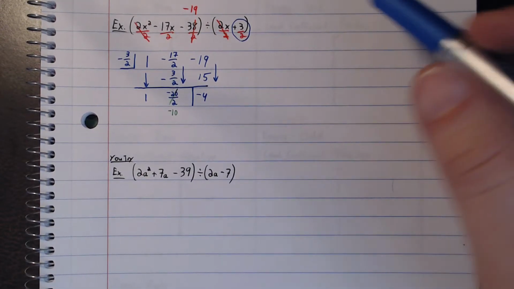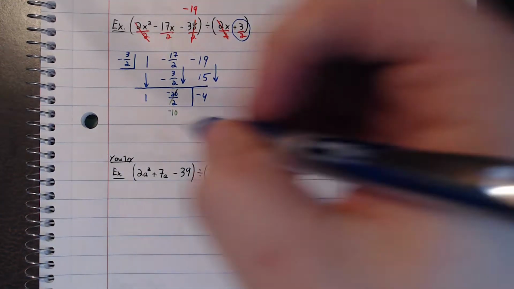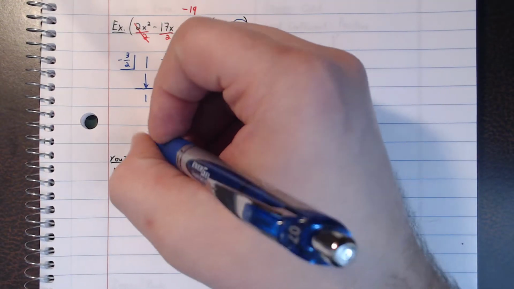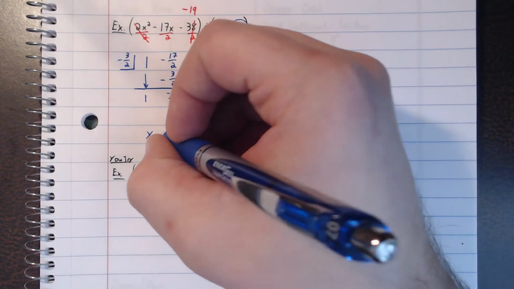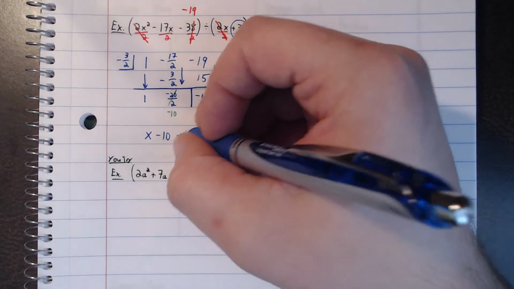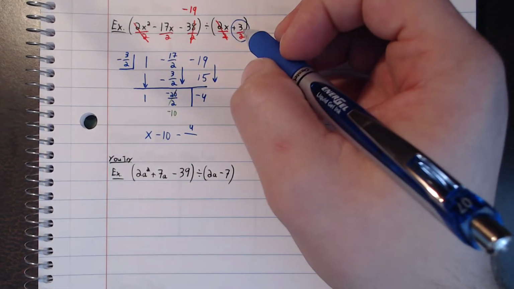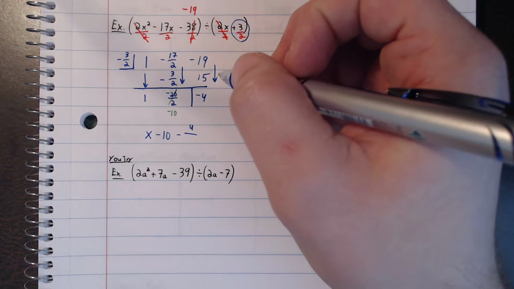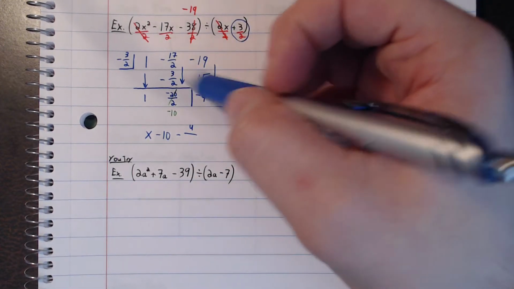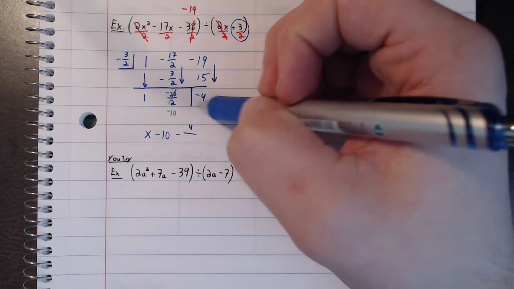Okay. Well, what we started with was x to the second. This is going to drop down a power, so it's going to be x to the first. So x. And then we have minus 10. And we're going to do minus 4 over our original. So here's the problem, right? This is divided by 2, so we've got to adjust that here.